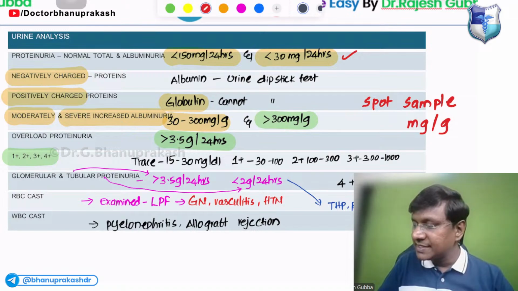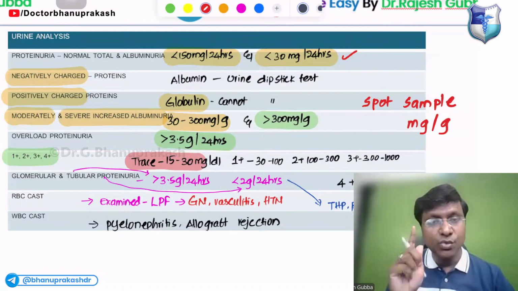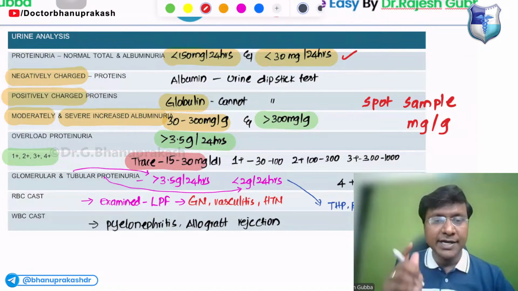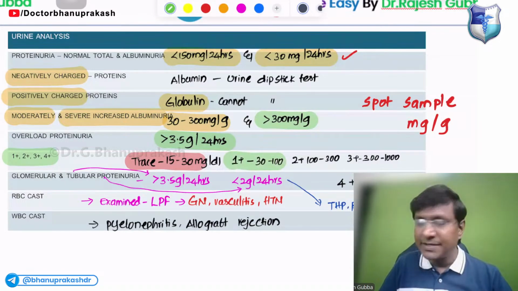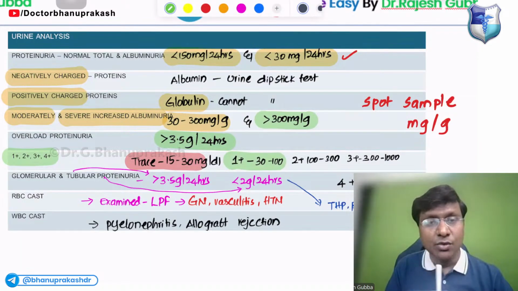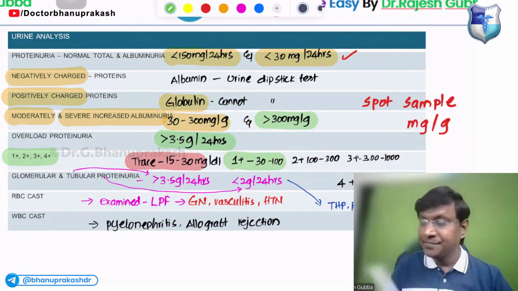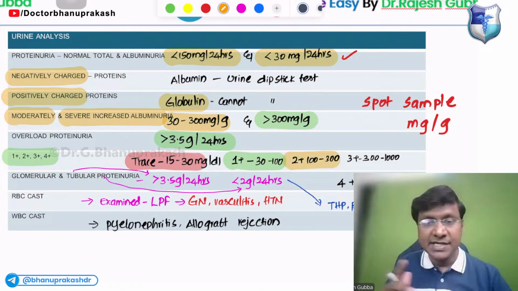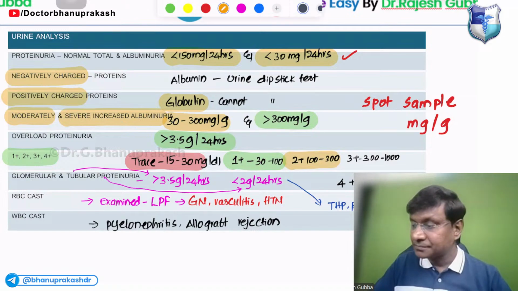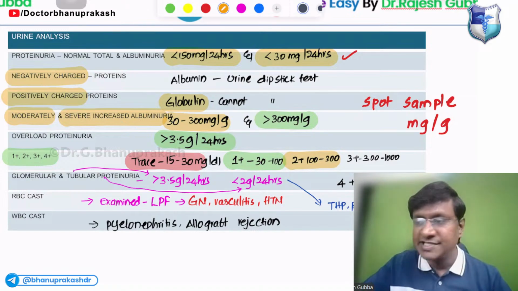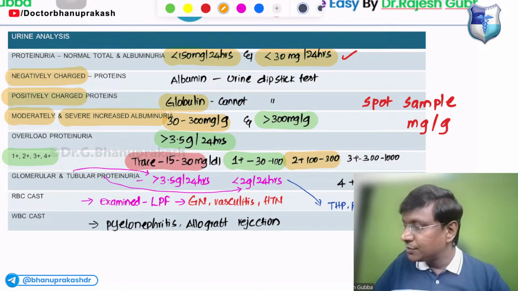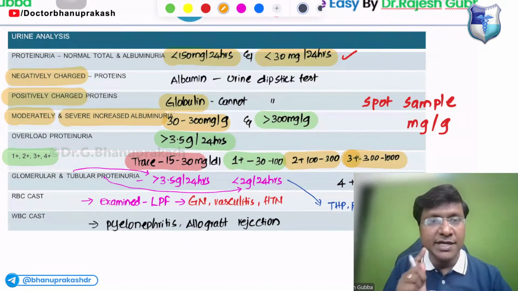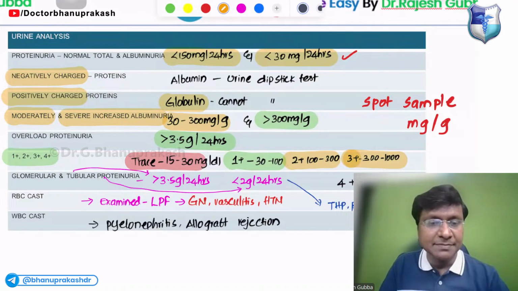We use the word trace when the proteinuria is around 15 to 30 milligrams per deciliter. 1 plus is when it is around 30 to 100 milligrams per deciliter. 2 plus is 100 to 300 milligrams per deciliter. 3 plus is 300 to 1000 milligrams per deciliter.